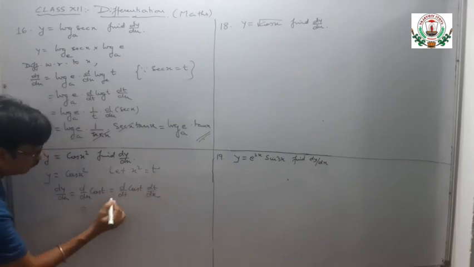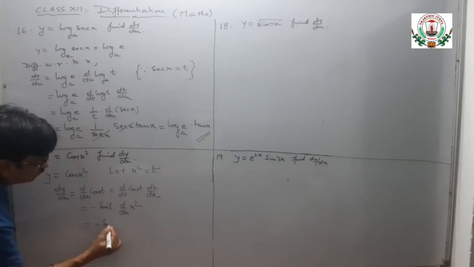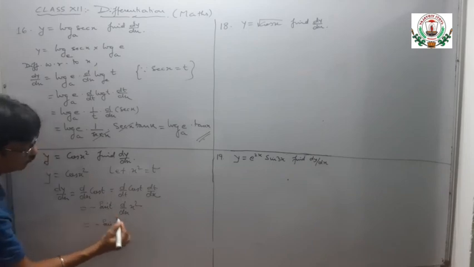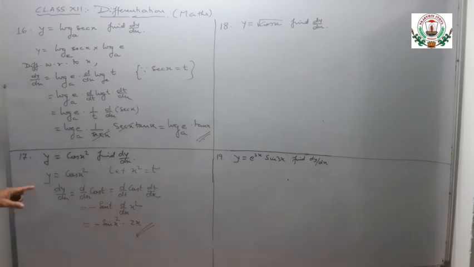Now d by dt of cos t is minus sin t, into d by dx of the value of t, which is x square. Minus sin x square, the value of t, and d by dx of x square is 2x. So this is our final differentiation of y equals cos x square.